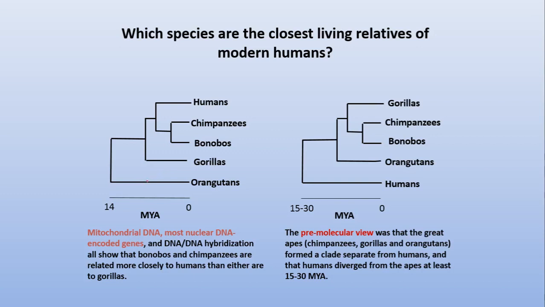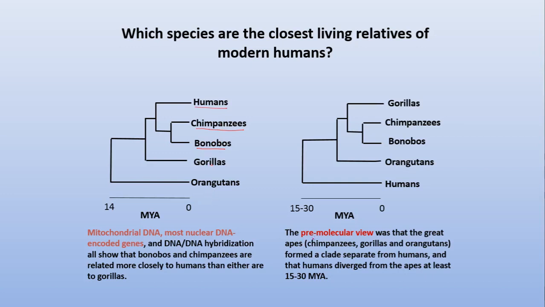In the modern view of molecular phylogenetics, on the basis of sequence analysis from mitochondrial DNA, most of the nuclear DNA encoded genes and some DNA hybridization experiments, all of these analyses indicate that the bonobos and the chimpanzees are more closely related to humans than either of the gorillas or orangutans.